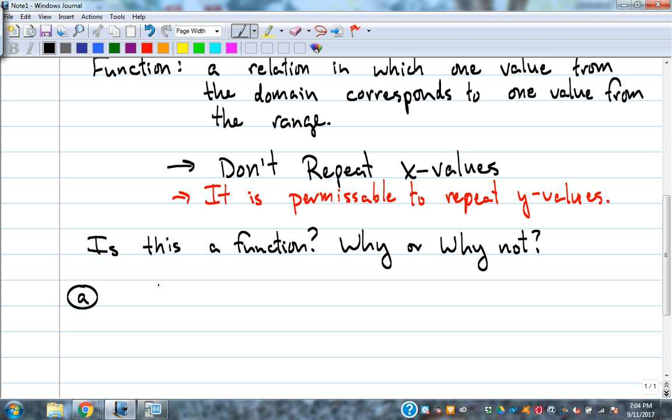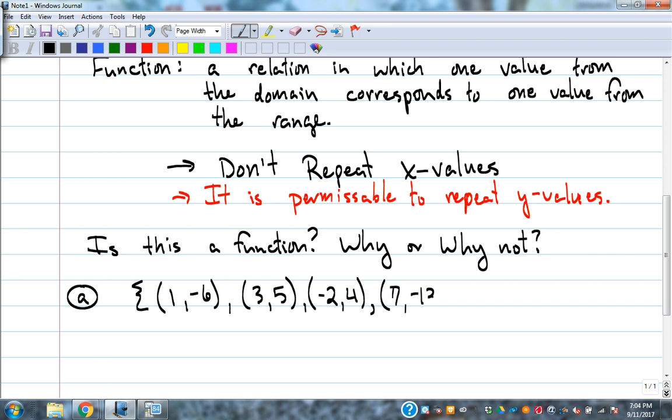So let's start with a relation with some ordered pairs: 1, -6, 3, 5, -2, 4, 7, -13. Nice relation there. Set of ordered pairs, got 4 ordered pairs in there. Question is, is that a function? Why or why not?